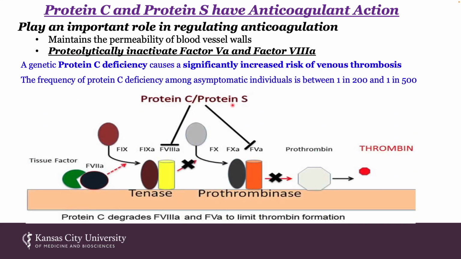Again, protein C and protein S physically interact to degrade factor V and factor VIII to limit thrombin formation. By simultaneously activating procoagulation factors and anticoagulation factors, our bodies are able to keep this biochemistry in balance.